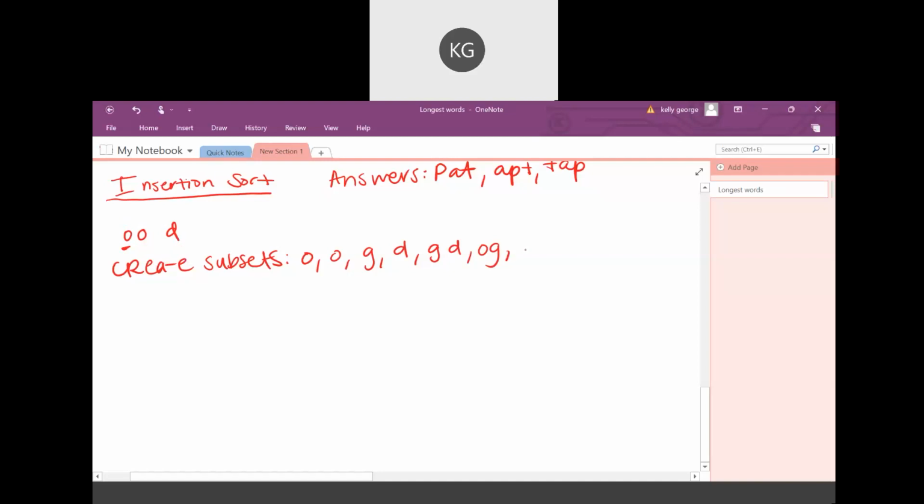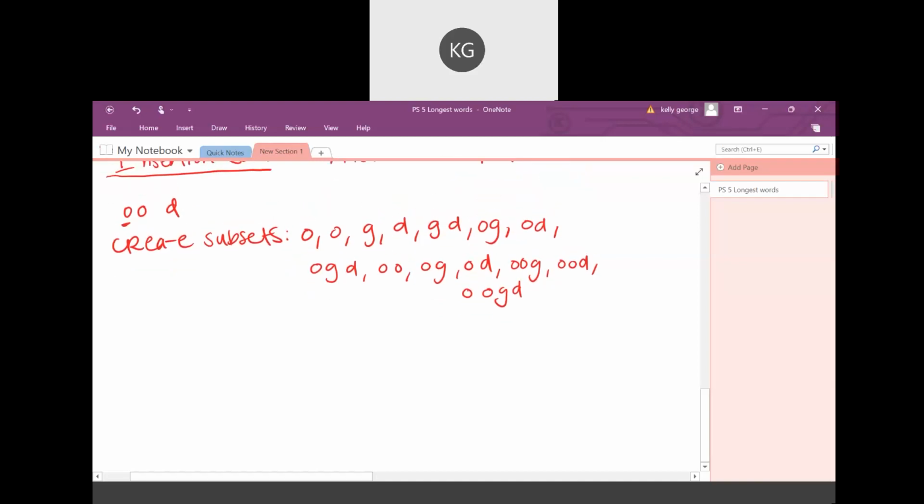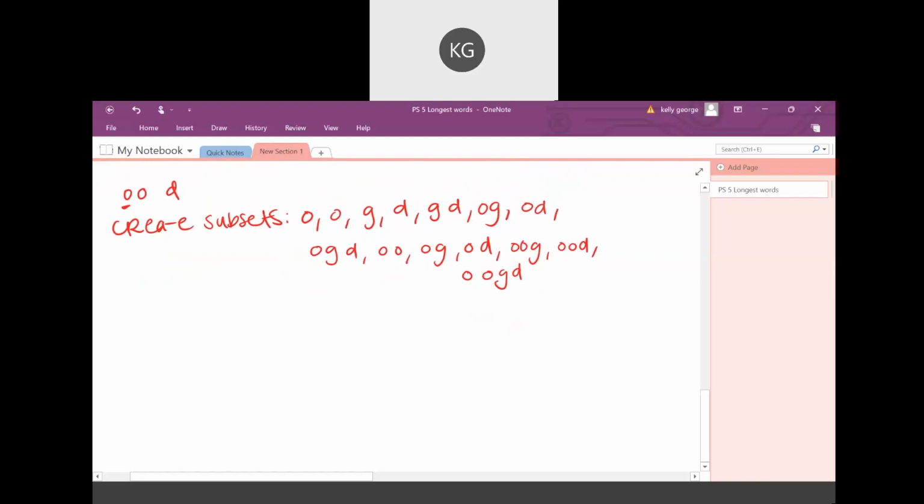So GD, OG, OD, OGD. I'm just writing them all out. And sometimes there's repeat subsets. You could technically skip them. I didn't need to do that when I did this assignment, but you can.